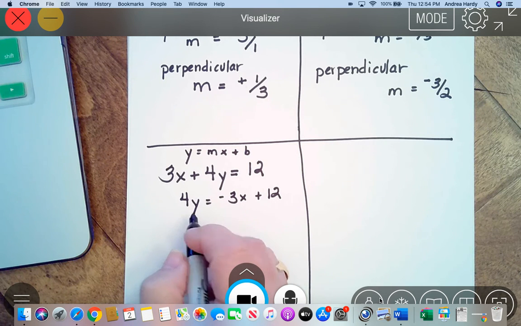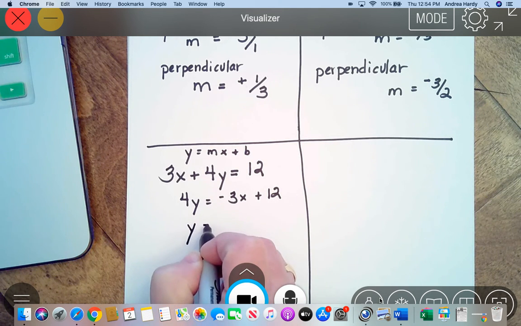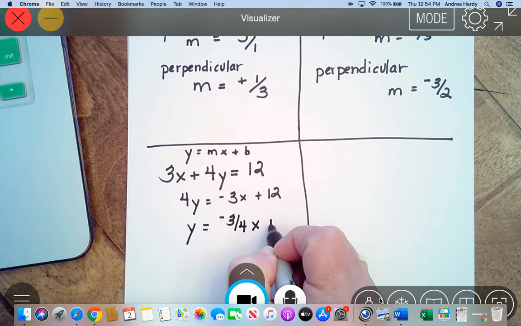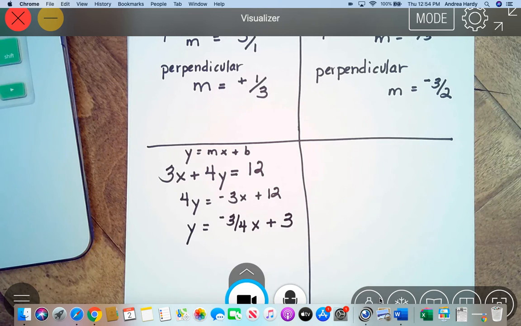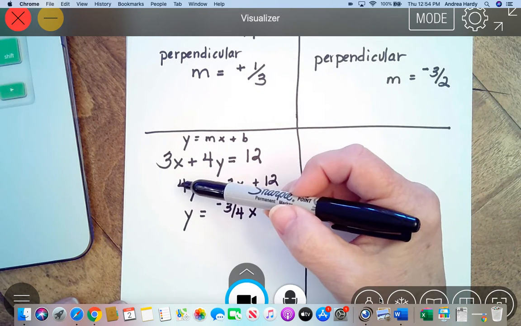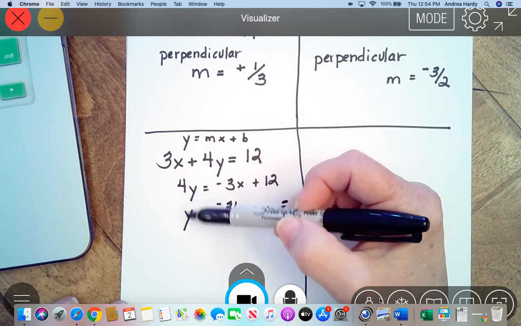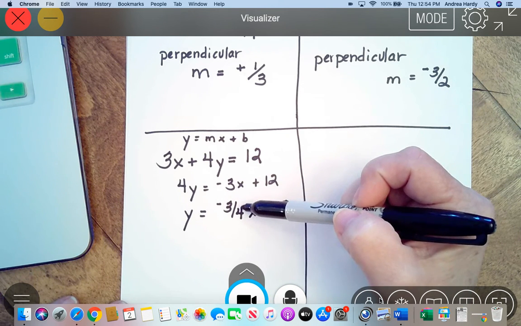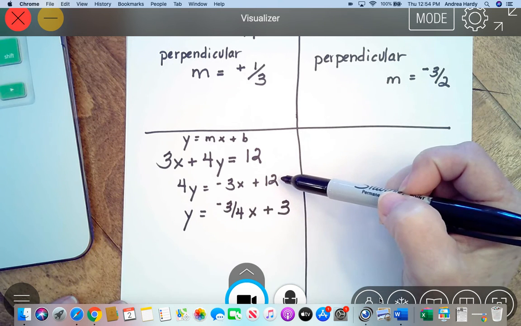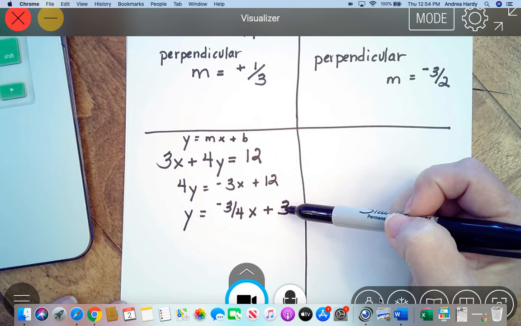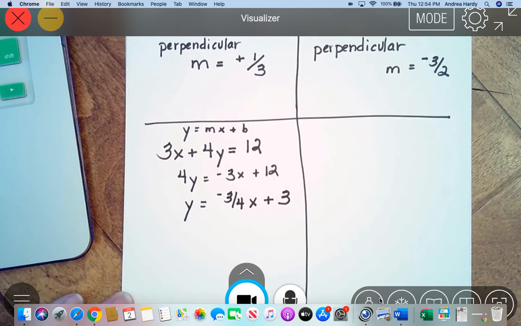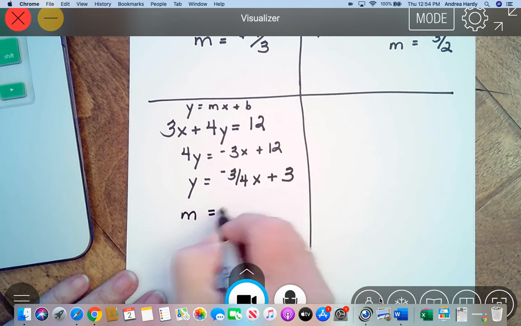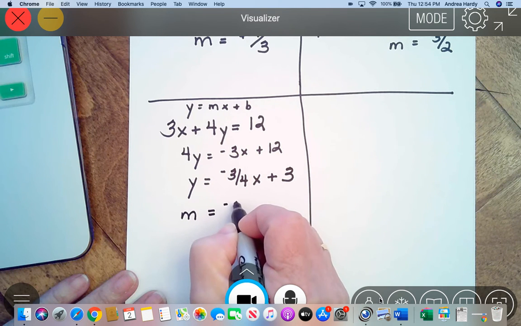Now, I'm going to divide the whole thing by 4. Okay? When I divide this by 4, 4y divided by 4 is y. Negative 3x divided by 4 is just negative 3 over 4x. 12 divided by 4 is 3. Now, this is in slope-intercept form. The slope of the line is negative 3 over 4.